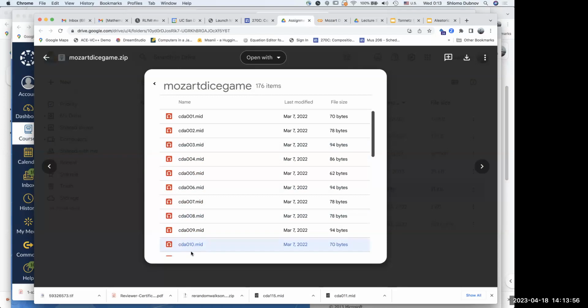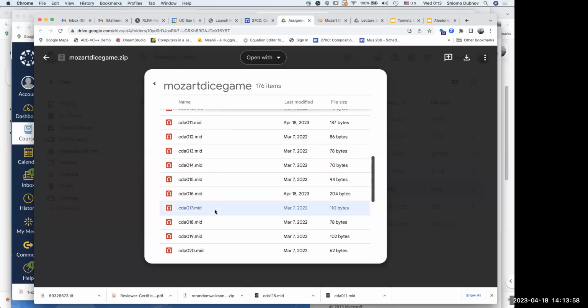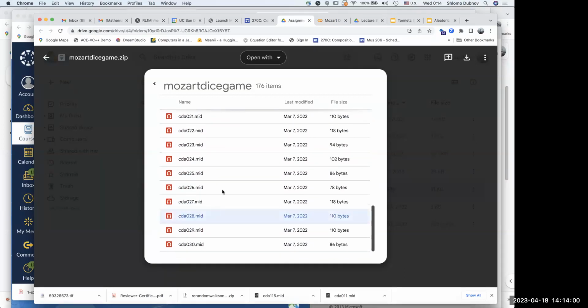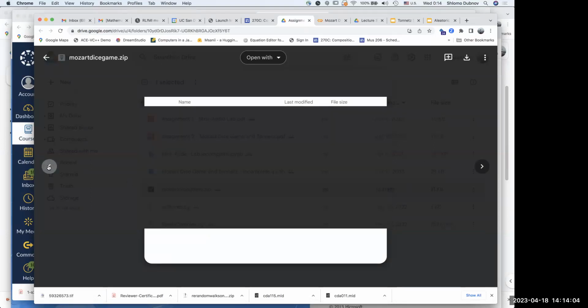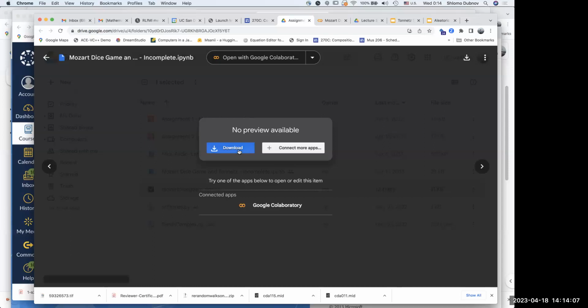Let me just make a quick check, because then I can download this and open this again on my computer, although I do have a local copy where I prepared the homework, just to make sure that we are all correct.